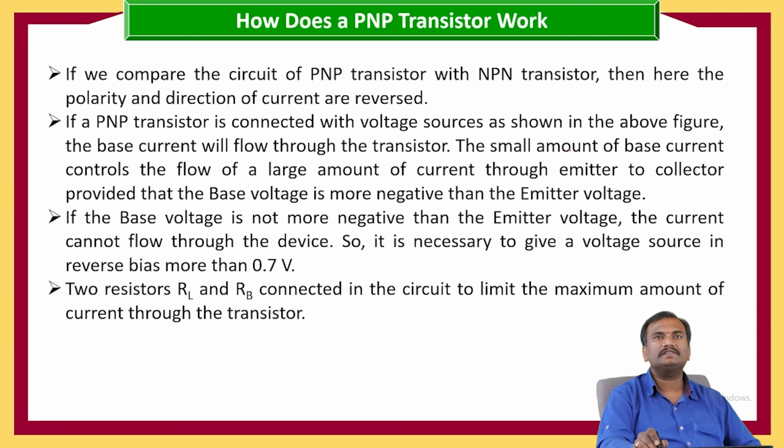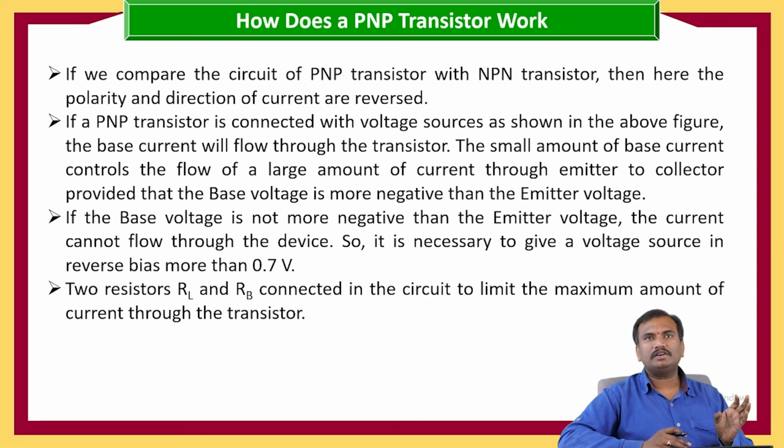The small amount of base current controls the large amount of current through emitter to collector, provided the base voltage is more negative than the emitter voltage. Because of that base current only, conduction takes place from emitter to collector. Once we give a small amount of base current, the conduction will take place in the transistor.